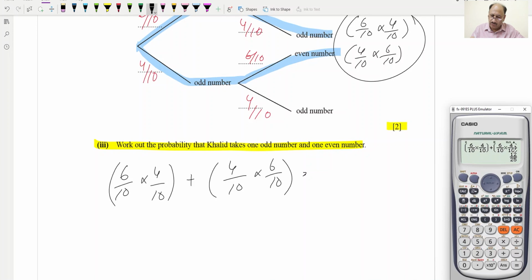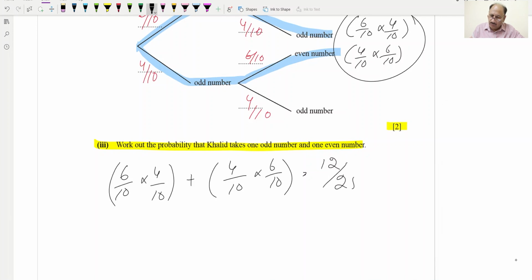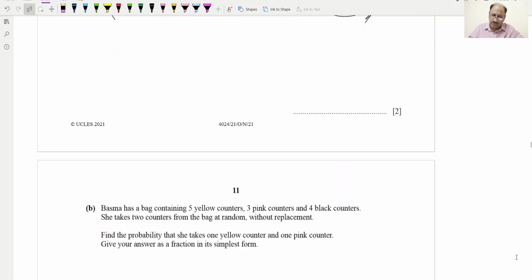So it will be 12 over 25. So 12 over 25 will be our final answer for this 2-mark question. We can provide the answer at the specific place as well.